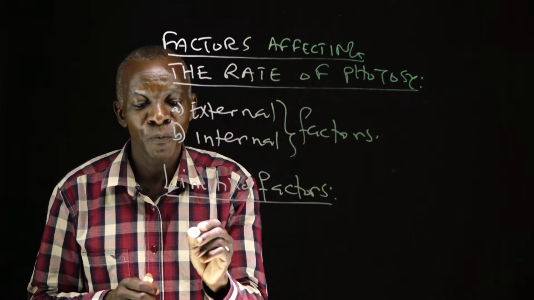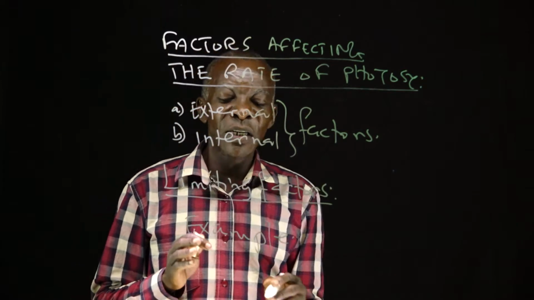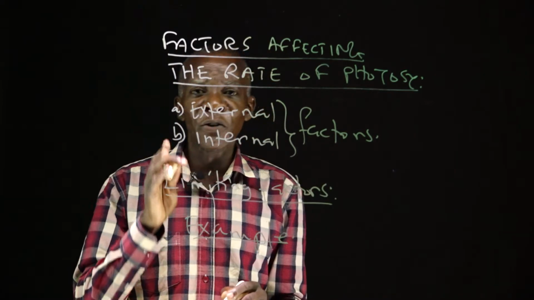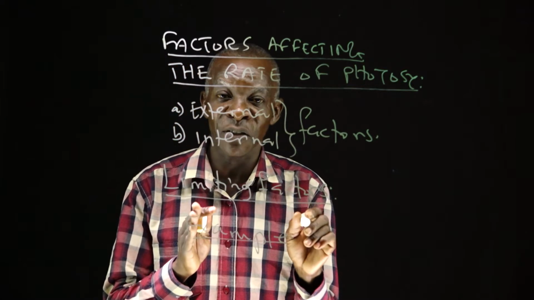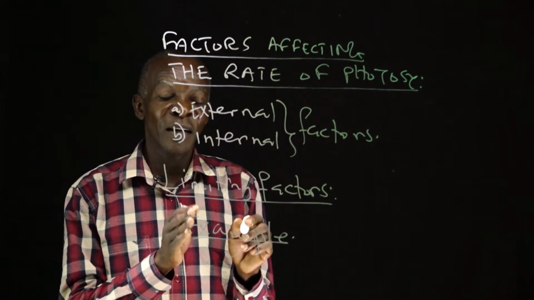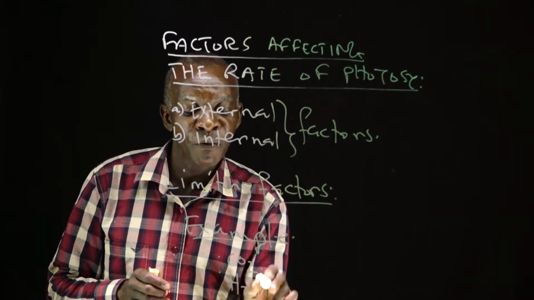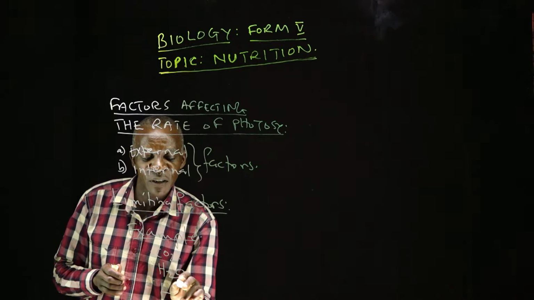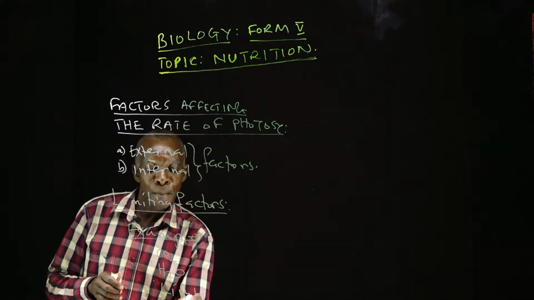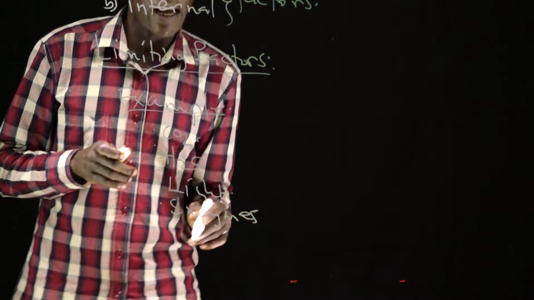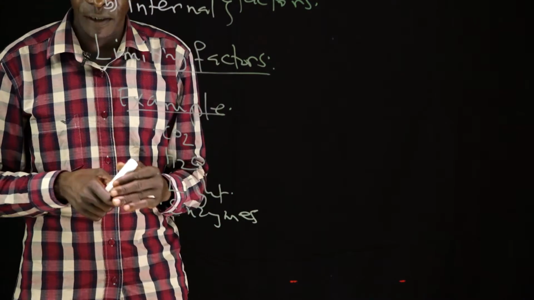For example, consider a photosynthesizing plant. For photosynthesis to take place, there are several factors, there are several requirements, such as carbon dioxide, photosynthesis requires water, photosynthesis requires light, photosynthesis requires enzymes and the likes.